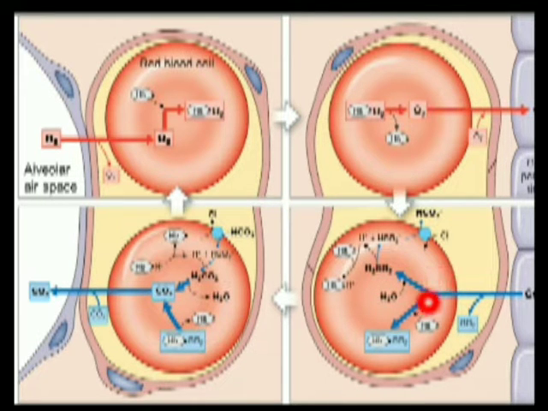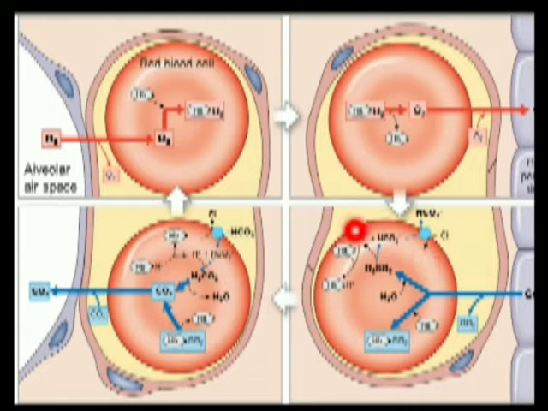After diffusing inside the RBC, this carbon dioxide reacts with water and forms carbonic acid, and then this carbonic acid dissociates into bicarbonate ion and hydrogen ion.